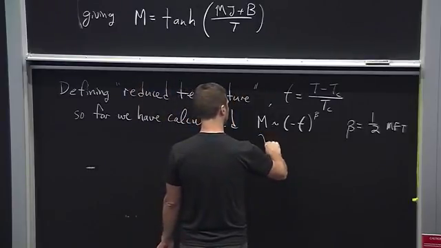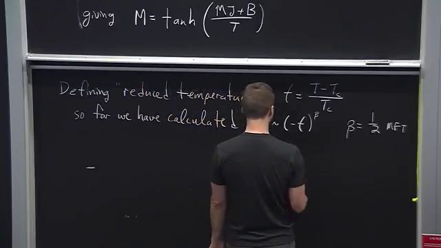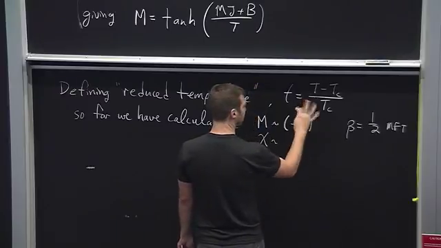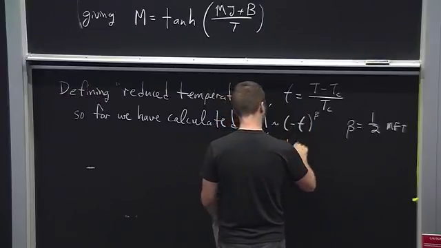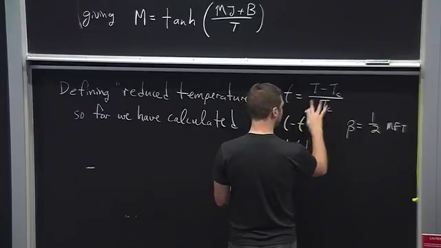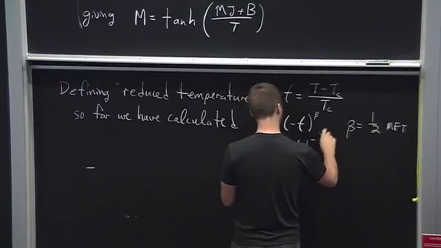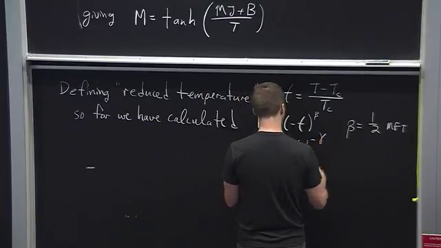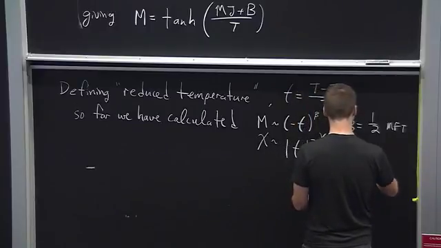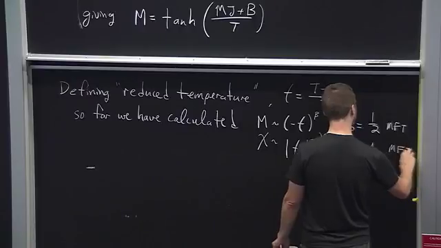And then the end of last class, we calculated the susceptibility. So to get the reduced temperature right, I'll write it like this. Absolute t to the minus gamma, where gamma is 1 in mean field theory.